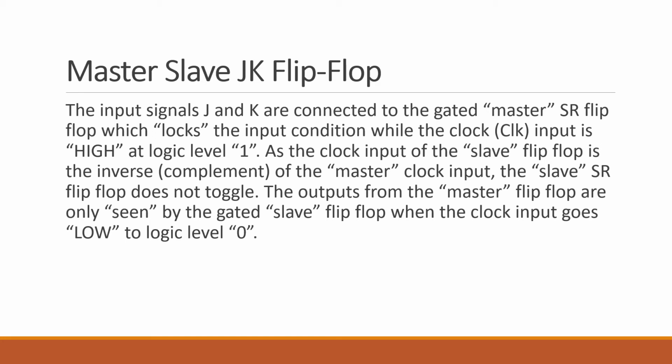As the input of the slave flip-flop is inverse due to the inverse clock input, the slave flip-flop does not toggle at this condition. The outputs from the master flip-flop are only seen by the gated slave flip-flop when the clock input falls and goes to the low logic level 0.